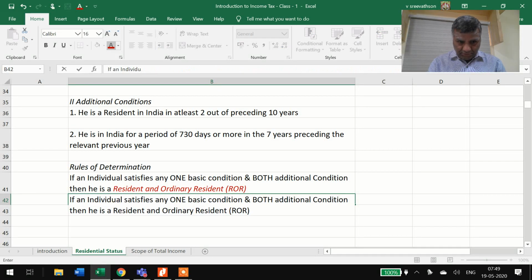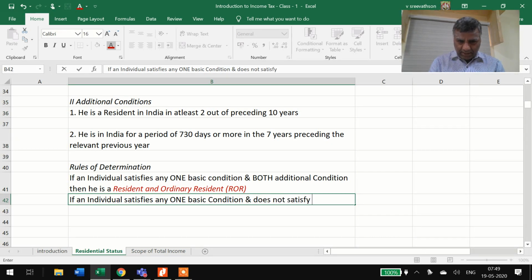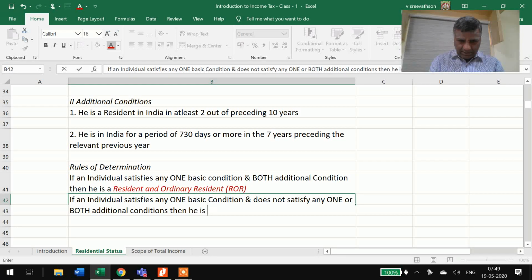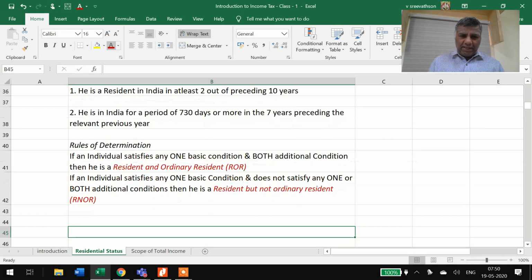If an individual satisfies any one basic condition and does not satisfy any one or both additional conditions, then he is a resident but not ordinary resident.